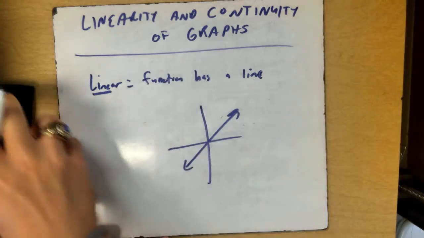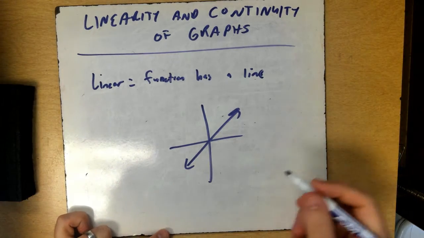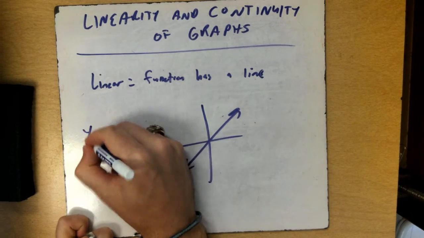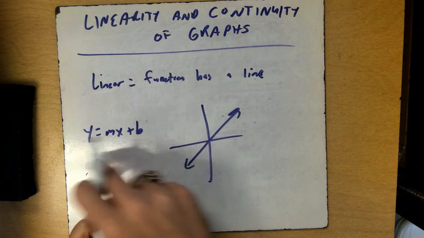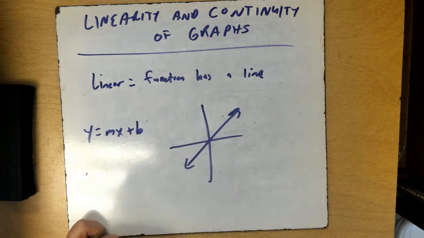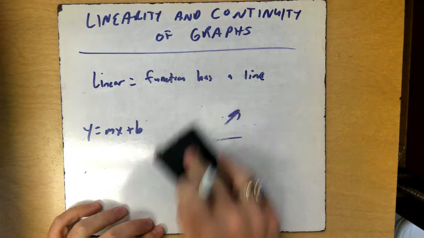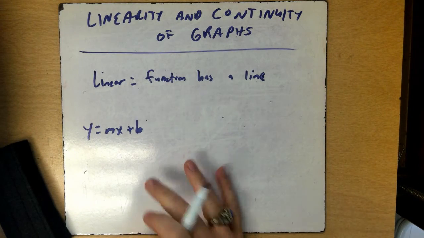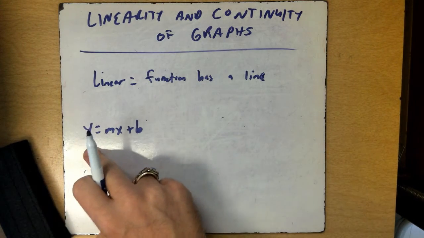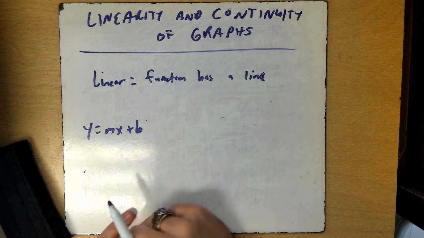All right. Now, what do we know about lines? Well, remember the equation of a line, y equals mx plus b. That would be your equation of the line. So when you're trying to figure out if a function is linear or not, and you don't have a graph to look at, you have to figure out, can I rewrite it in this y equals mx plus b form of a line?